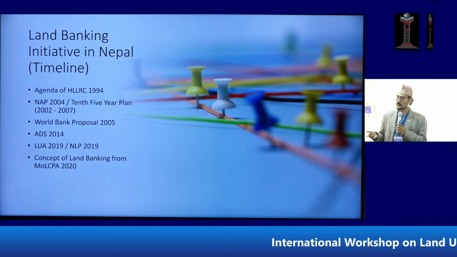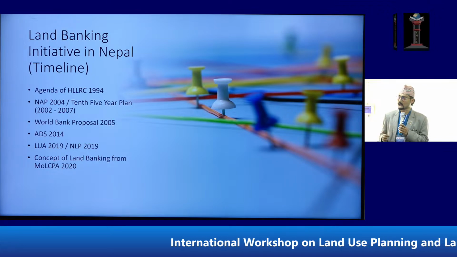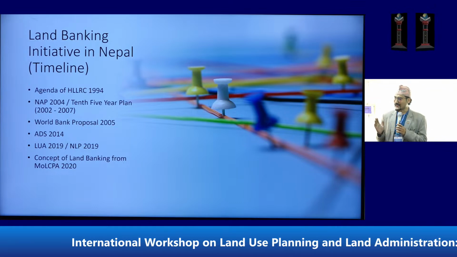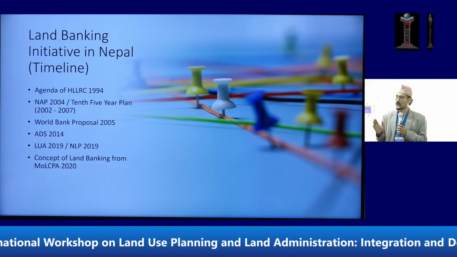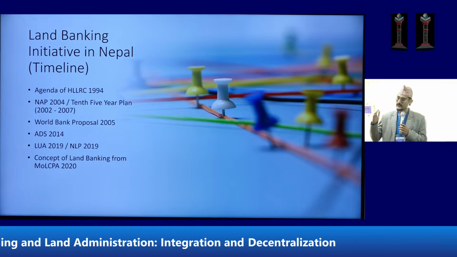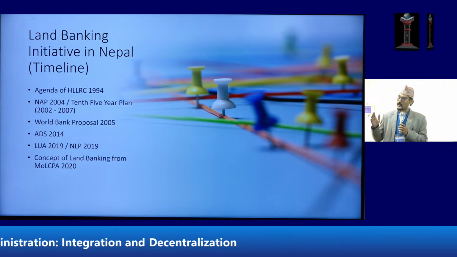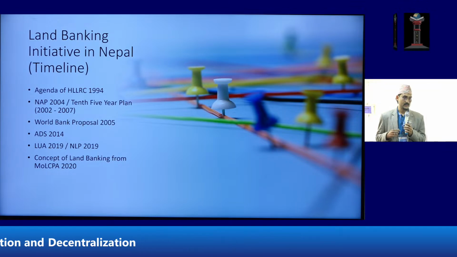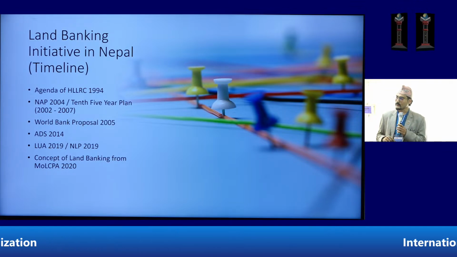Then in 2004, the National Agricultural Policy and also the 10th five-year plan from 2002 to 2007 also talked about the establishment of a land bank.